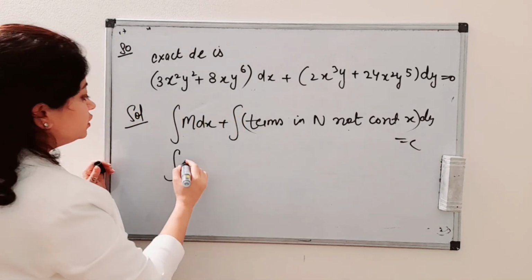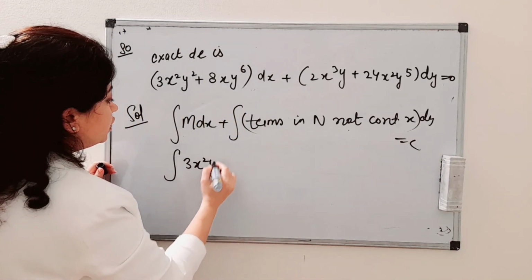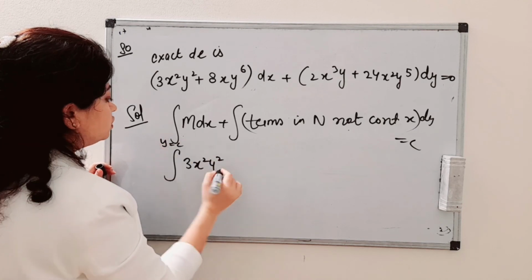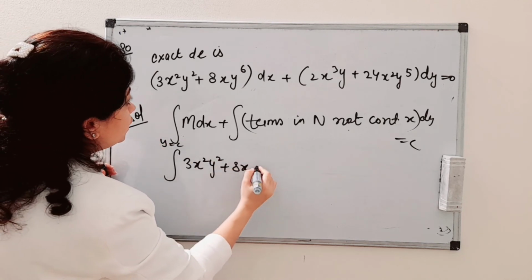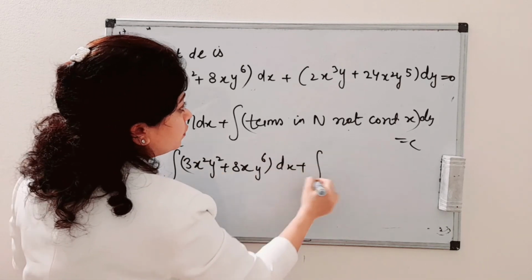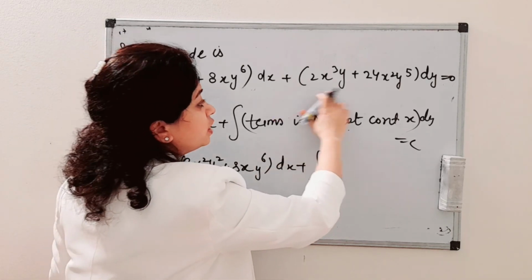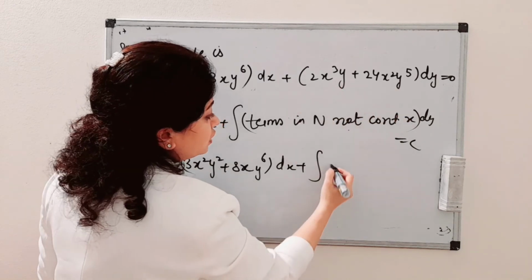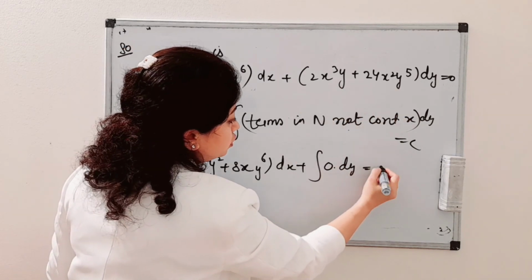So here what is M? M is 3x square y, y is constant, plus 8x y raised to power 6, dx, plus we do not have any term here that does not contain x, so 0 dy is equal to c.